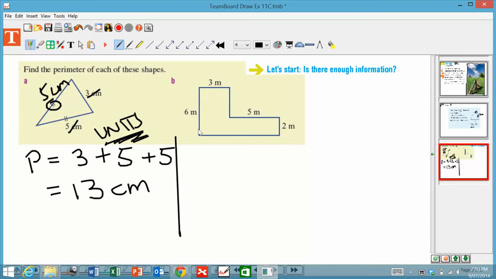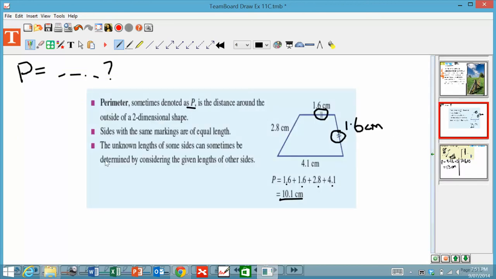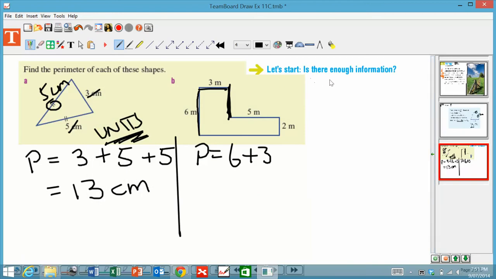Alright, so 6 centimeters here, so P, perimeter, equals 6 plus this one, plus 3, plus, oh, we don't know this one. So this is one we've got to work out. This is where we come back to our notes: unknown lengths sometimes can be determined by considering the given lengths of other sides. So do we have enough information to work out this side length here?